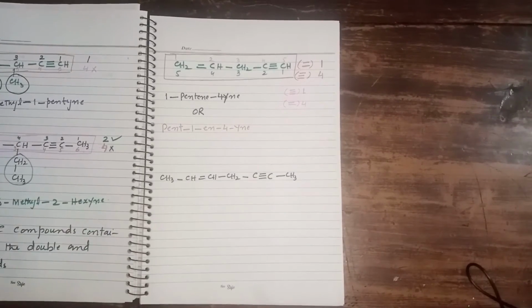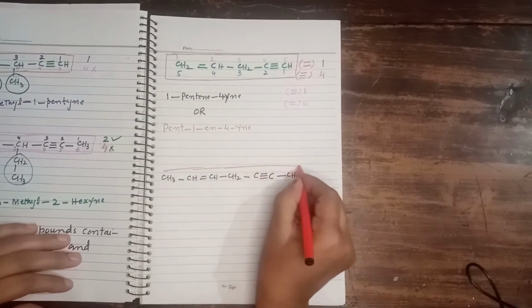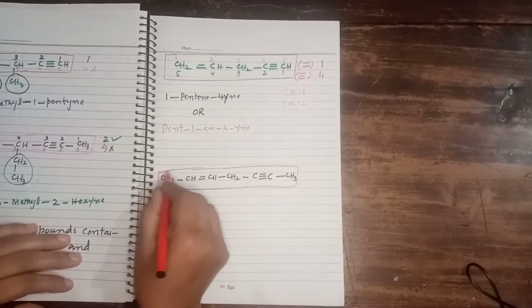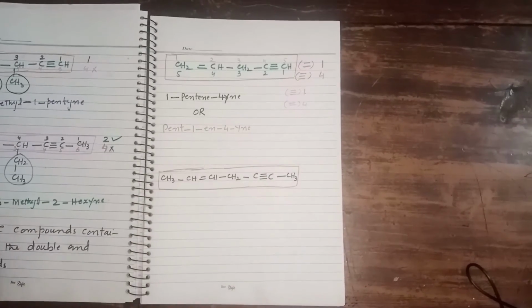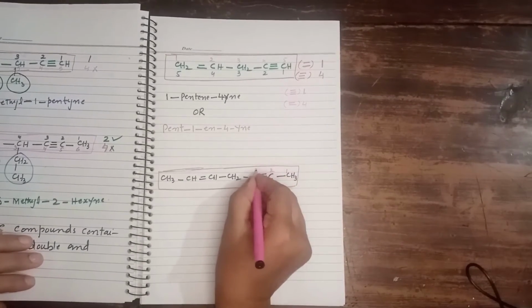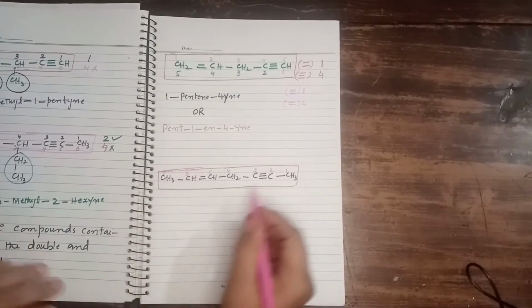Right, friends? Obviously, this is the parent chain. Enclose the parent chain in the box like this. Now, do the numbering of the parent chain. 1, 2, 3, 4, 5, 6, 7.